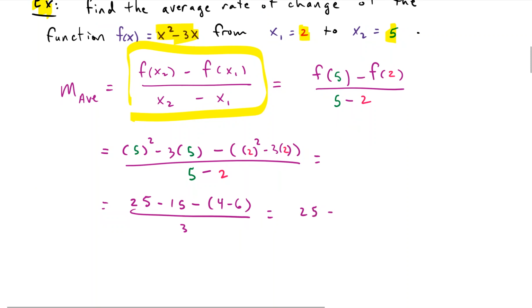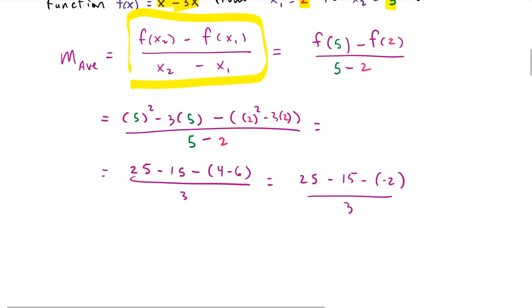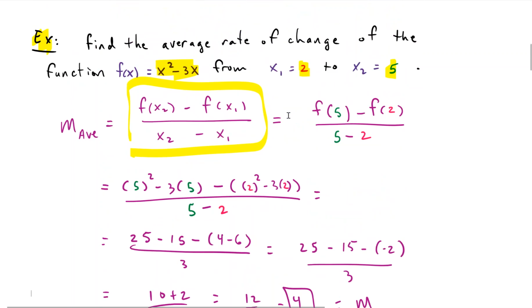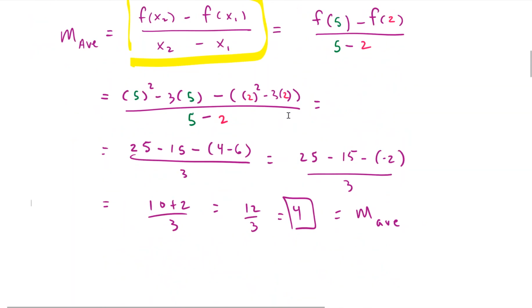Let's do that again. 25 minus 15 minus 2 over 3, which gives us 10 plus 2 over 3, which is 12 over 3, which is 4. That is our average slope between the values of 2 and 5.